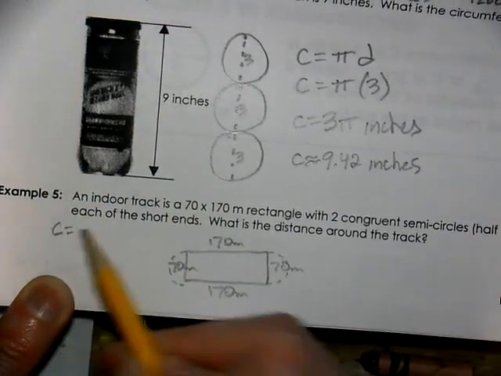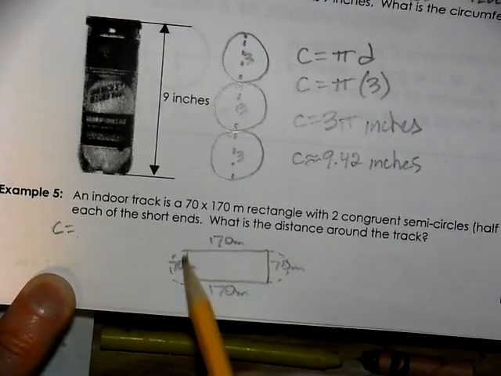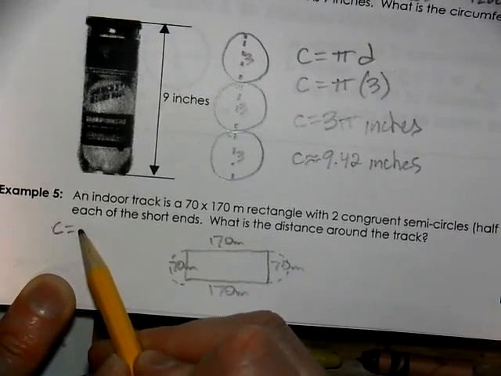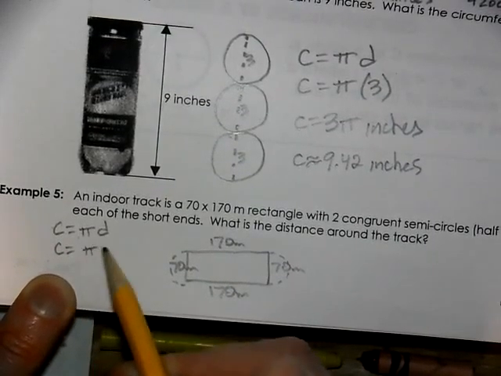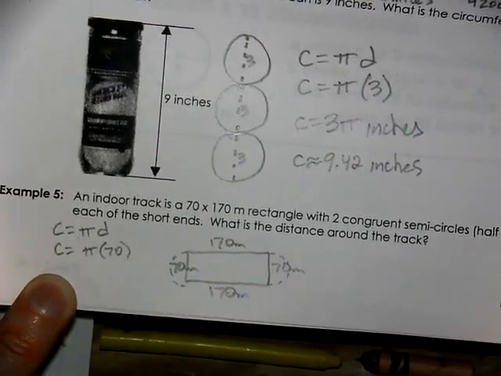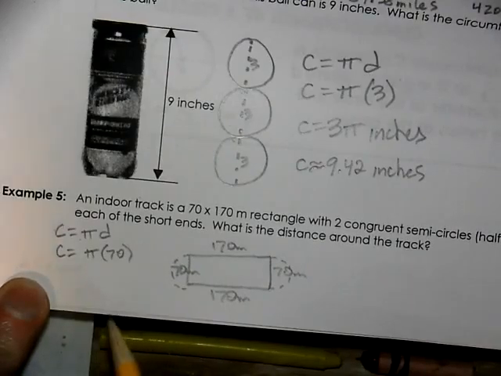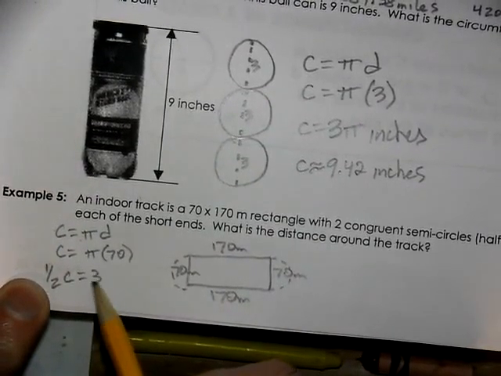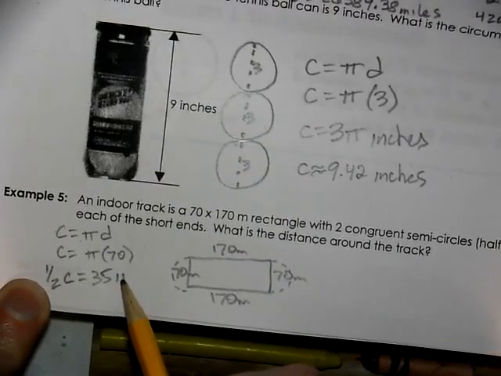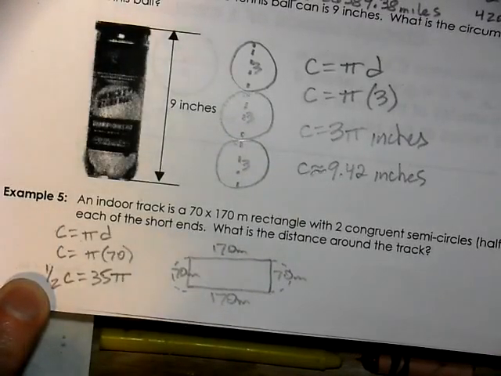So what's the distance around this half a circle? Well, the circumference, again, 70 is your diameter. So we have pi d. Your d is 70. Well, we want half of it. Half the circumference is going to be 35 pi.